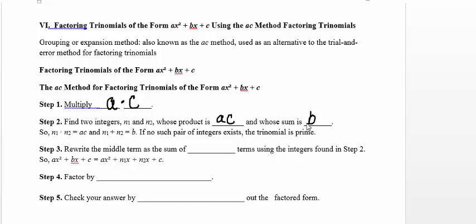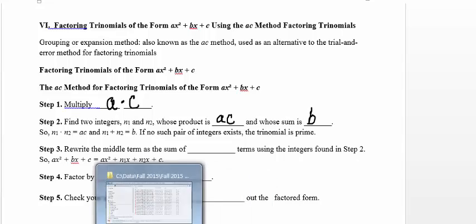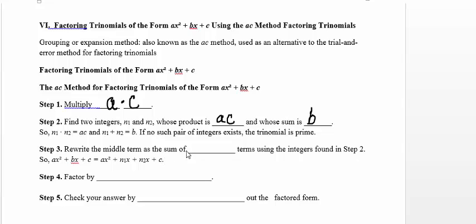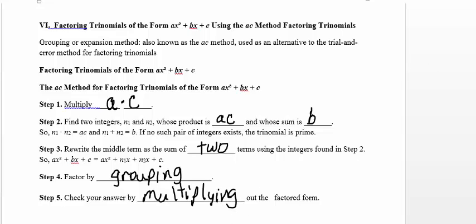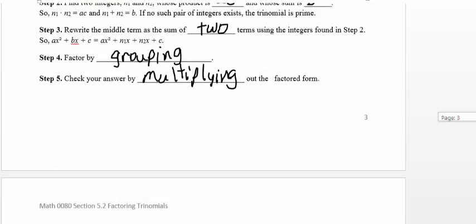So n1 times n2 needs to equal ac, n1 plus n2 needs to equal b. Then we're going to rewrite the middle term as the sum of two terms using the integers found in step 2. And notice those integers are going to be the coefficients of these two terms. I'm going to factor by grouping, and I can always check my answer by multiplying.